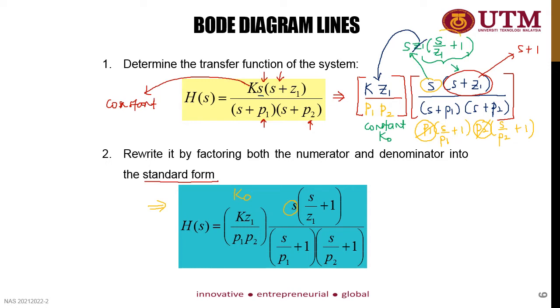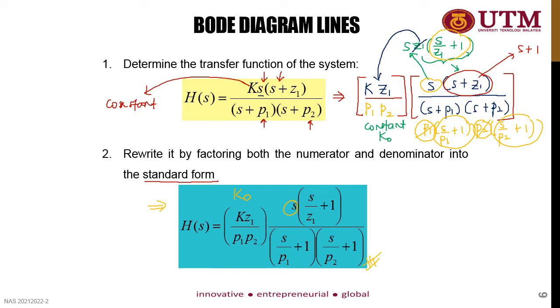In standard form it is s divided by z1 plus 1. The same goes for the denominator: there is no s outside the brackets, only s inside two brackets. So s divided by p1 plus 1, and s divided by p2 plus 1. So this is the equation in standard form.